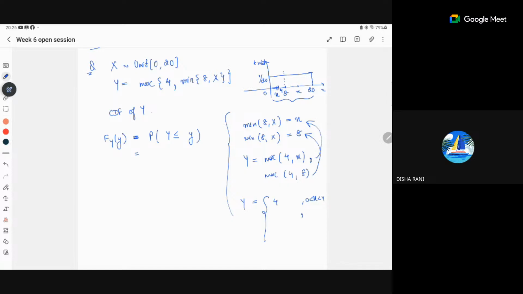Now if I take any x between 4 to 8, the max would be 8.